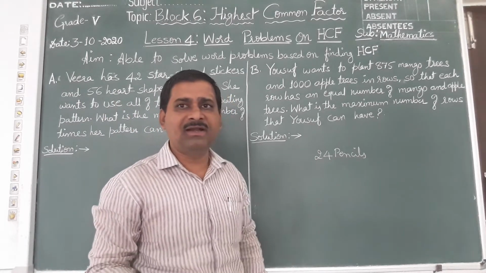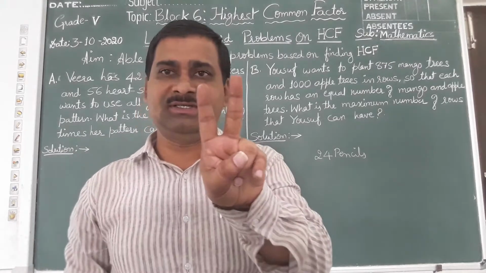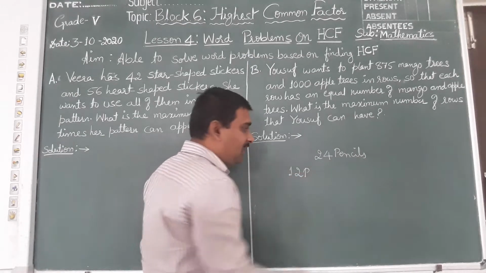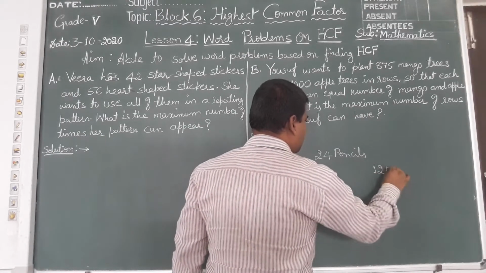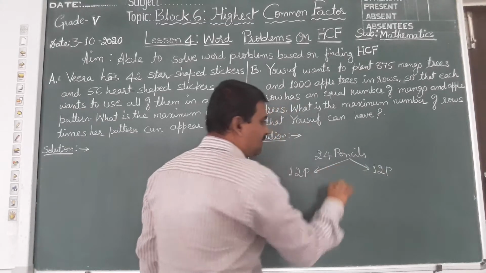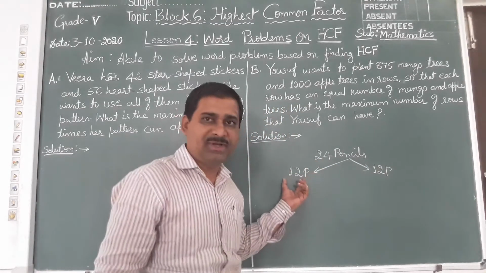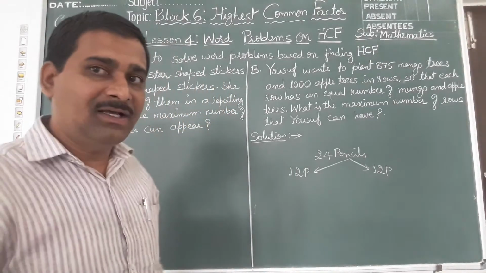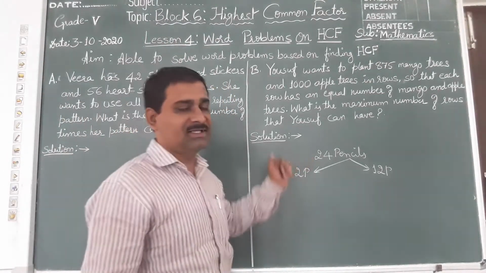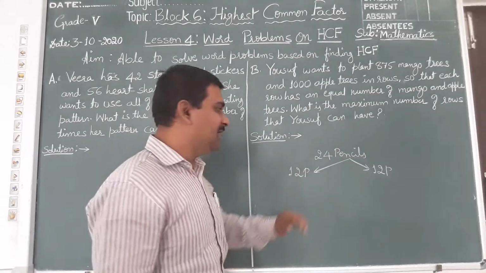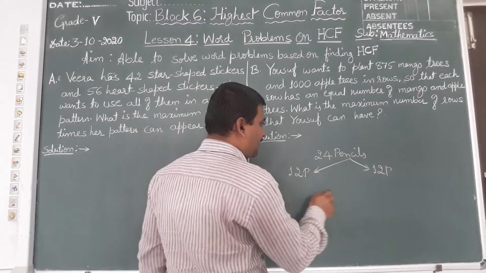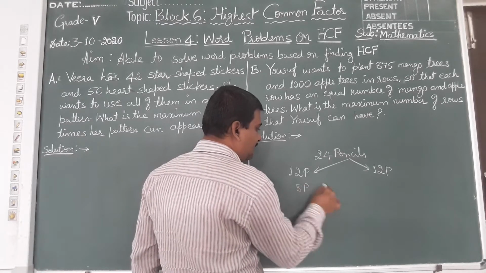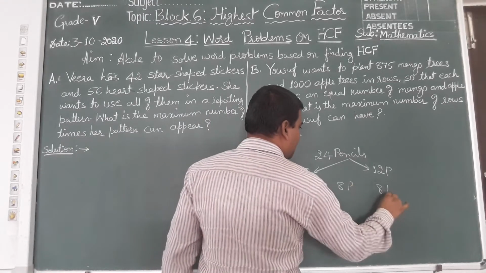24 pencils I can pack into only 2 boxes. That is 12 pencils in one box and 12 more pencils in the next box. Divided now: 24 pencils, 12 pencils and 12 pencils. One combination we got. Another combination: these same 24 pencils, if I make equal parts, that is 8 pencils, 8 pencils, 8 pencils.